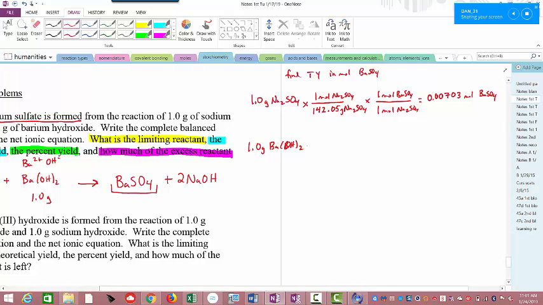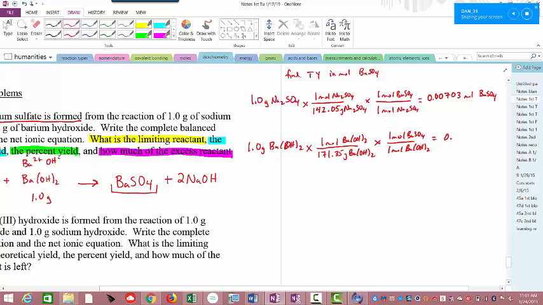But now we have to do this one. So what's the molar mass of barium hydroxide, please? 171.35. And so that would be 1 mole of barium hydroxide. And then again, we have a nice 1-to-1 mole ratio.